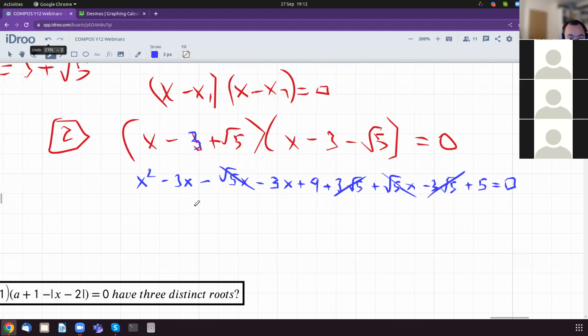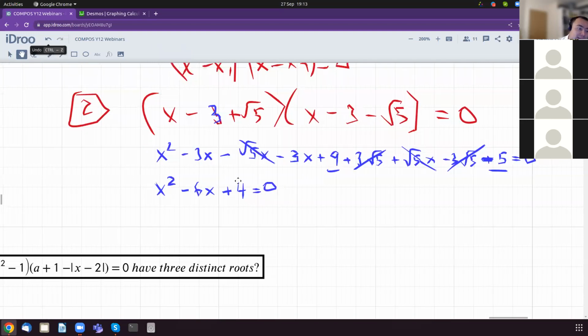And we have x squared, 3 and 3, so minus 6x. And we have 9 plus, sorry, it's minus 5, of course. It's minus 5 because it's plus root 5 minus root 5. So that's going to be plus 4 equals 0. Yes, Samuel, thank you.